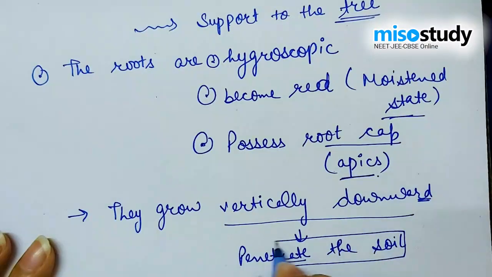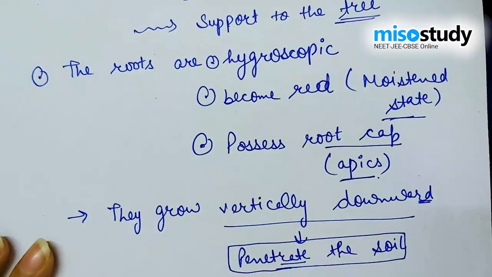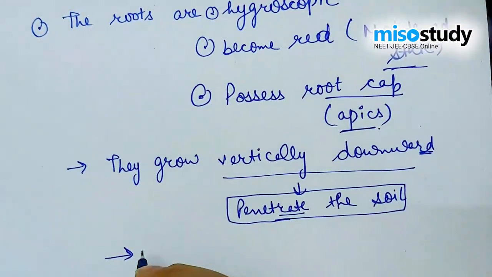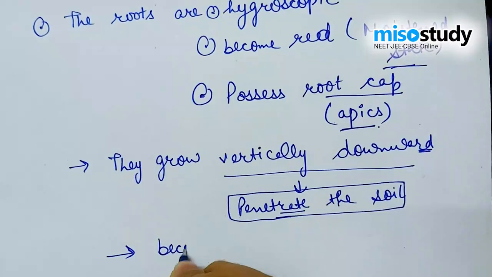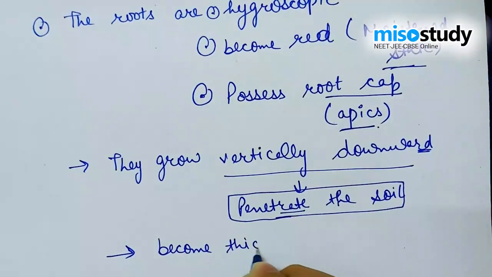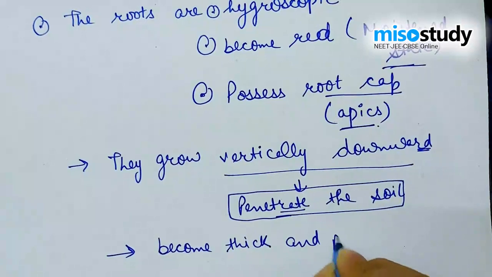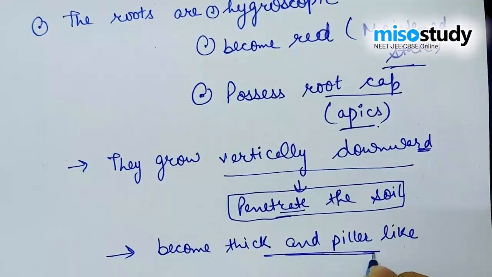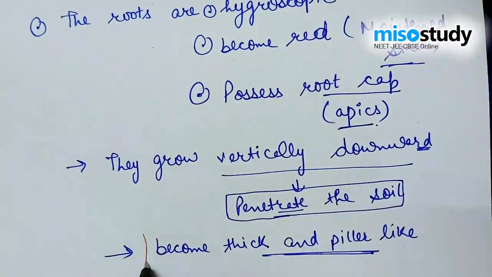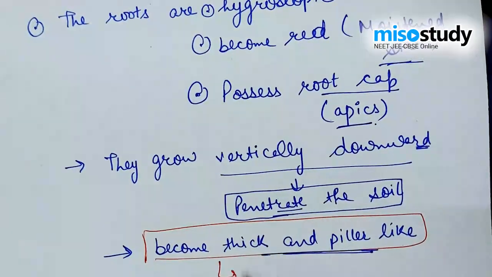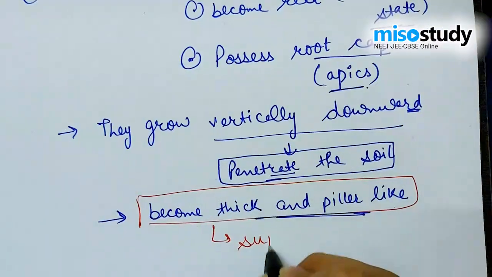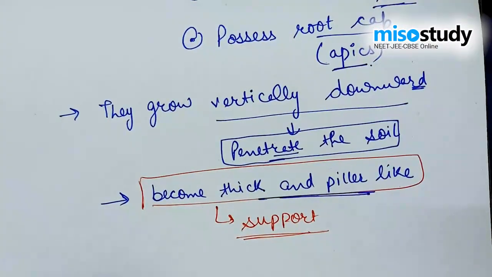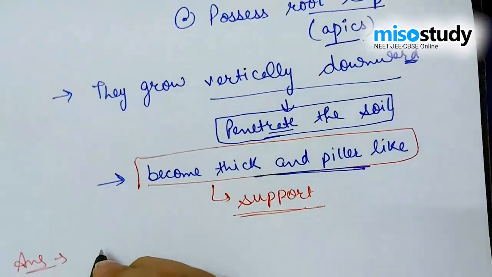As the roots show positive geotropic nature, they will enter the soil, and there they become thick and pillar like. When they are converted into the thick and pillar like form, in that form they support the big canopy of the tree, as in the case of banyan tree.